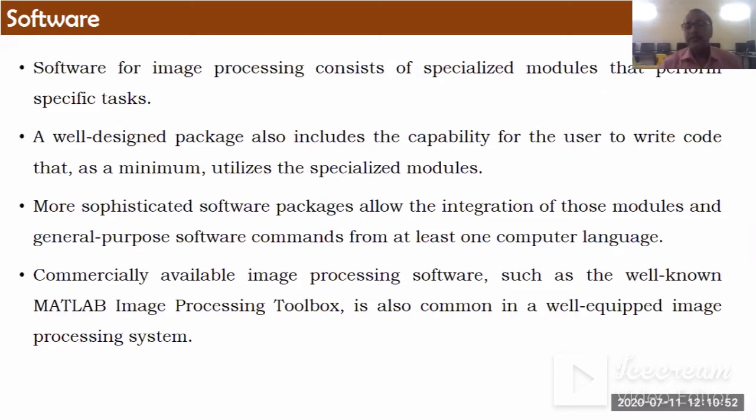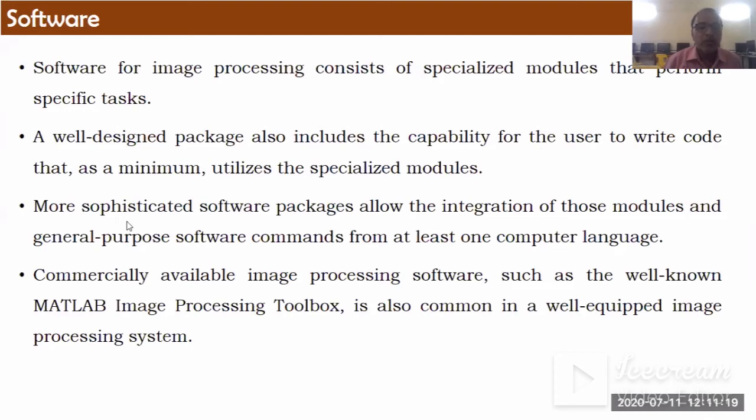These are the different functions and modules used for processing, and all of these functions are available in a software program. A well designed package also includes the capability for the user to write their own code or their own function, and that is also available in the software.